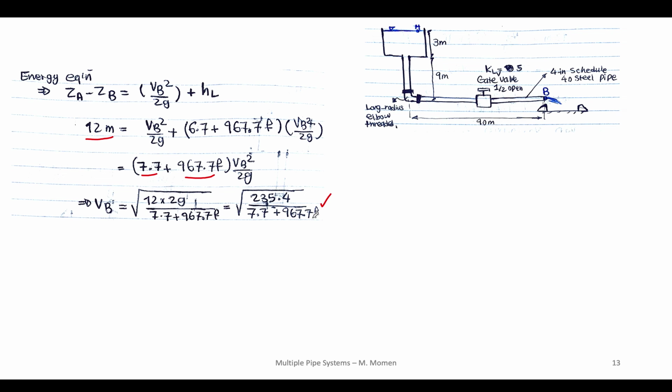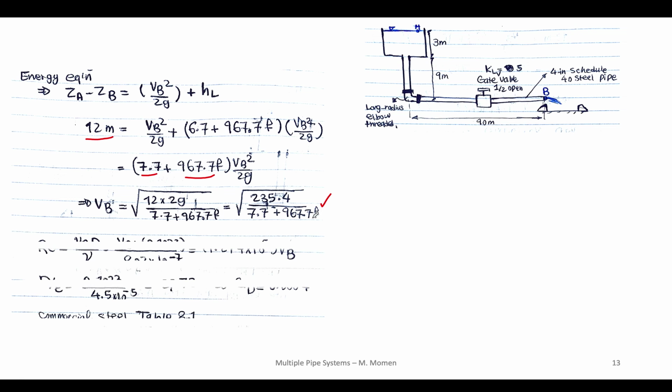So this is the only relation that I can get from the energy equation. Okay. But in order to find F, I need to know what is the Reynolds number, right? So let's calculate the Reynolds number. So Reynolds number is VB times D over nu, which is the viscosity of water.